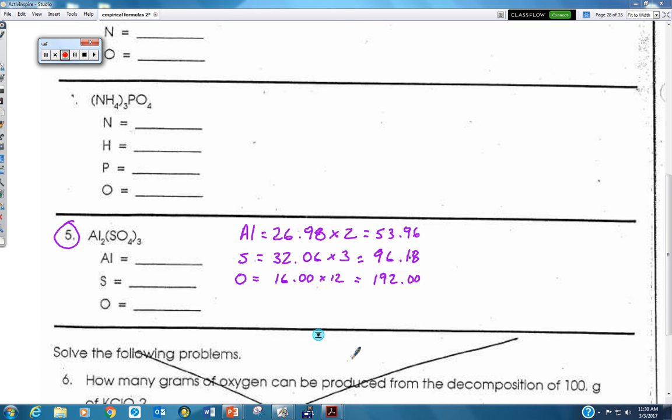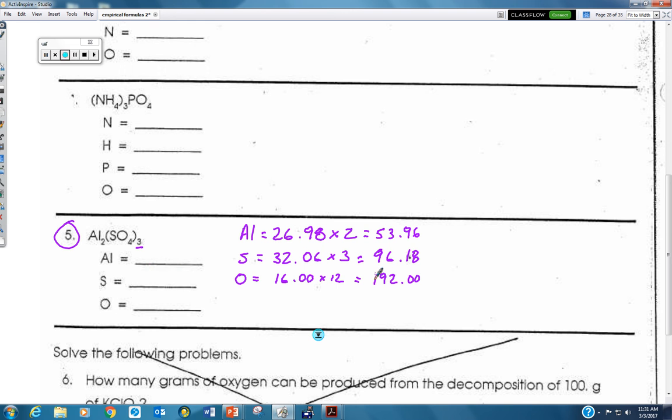Alright, so beginning our calculation for molar mass, we see that aluminum has an atomic mass of 26.98, and there are 2 aluminums, so we multiply that by 2, which gives us 53.96. Sulfur has an atomic mass of 32.06. There are 3 sulfurs based on distributing this 3 inside the parentheses, so 3 sulfurs, 12 oxygens.